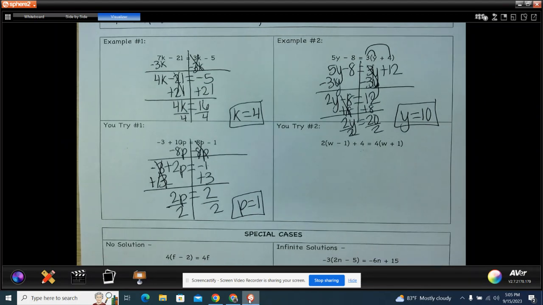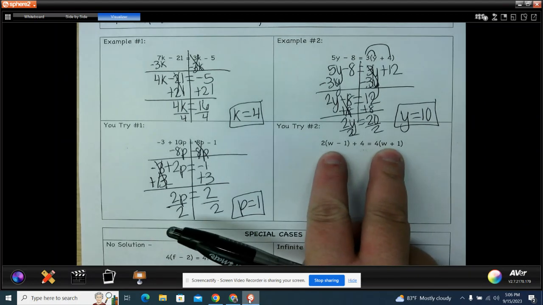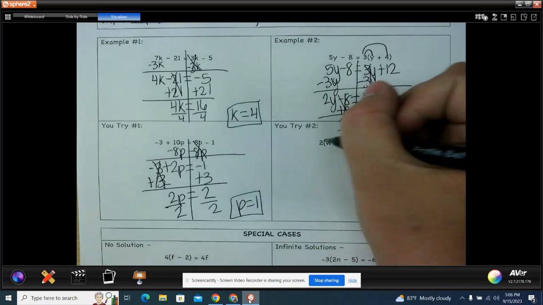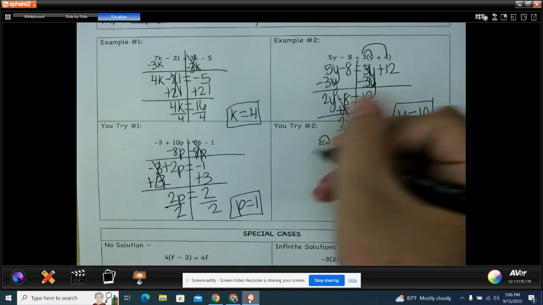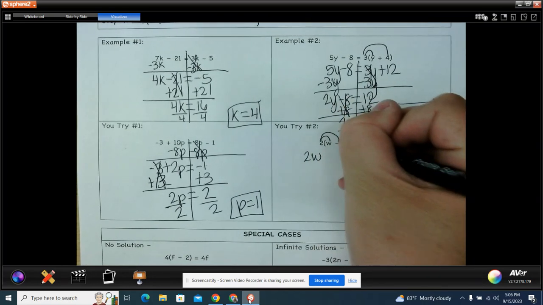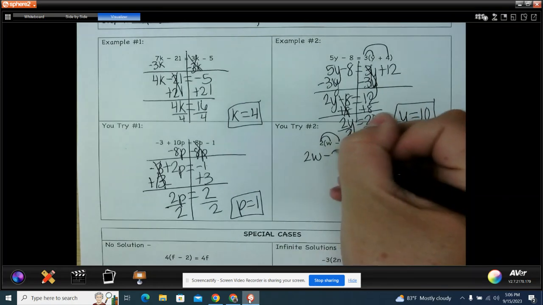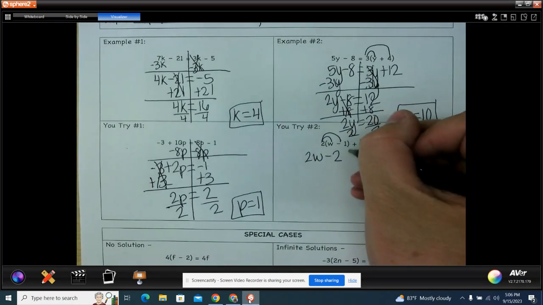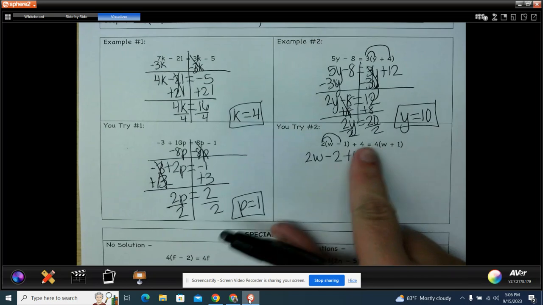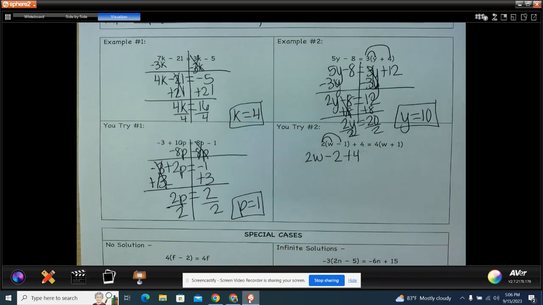All right, next one. So we've got parentheses on both sides. So we're going to distribute the 2. 2 times w is 2w. 2 times negative 1 is negative 2. And then bring that plus 4 down. There's not a parenthesis, so we're writing it down. Nothing changes that.